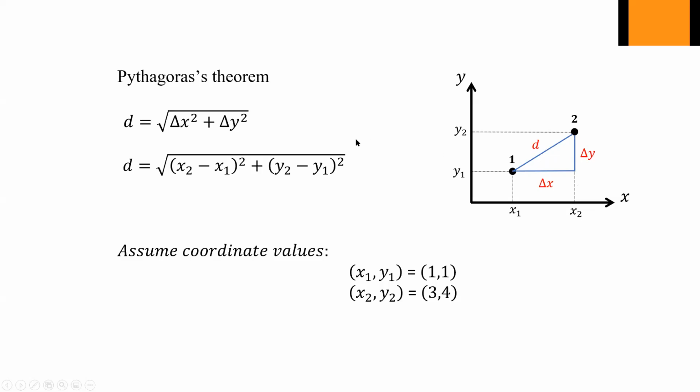From Pythagoras theorem, we know that d equals the square root of delta x squared plus delta y squared. Delta x is the distance between the 2 points in the x direction, and it is equal to x2 minus x1. And delta y is the distance between the 2 points in the y direction, and it is equal to y2 minus y1.